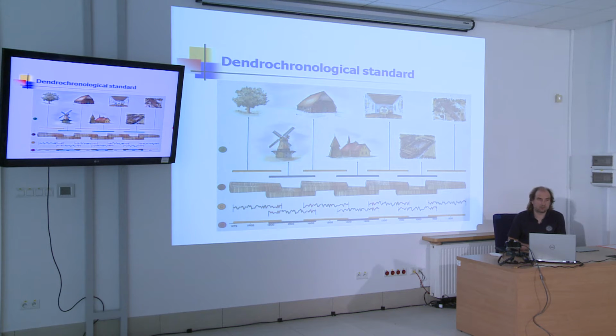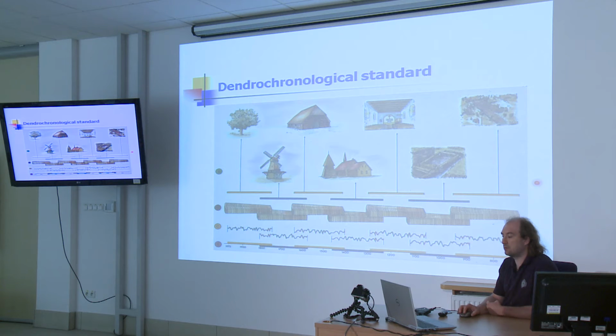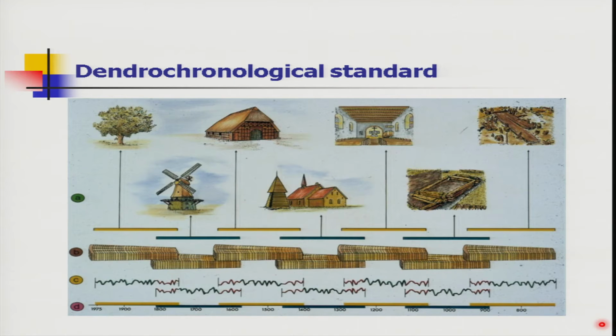A dendrochronological standard or master chronology is a product, a tool used for dating. That's a reference, like a barcode in a shop which allows to determine the price of the product. And in our case, this dendrochronological standard allows dating of a piece of wood.